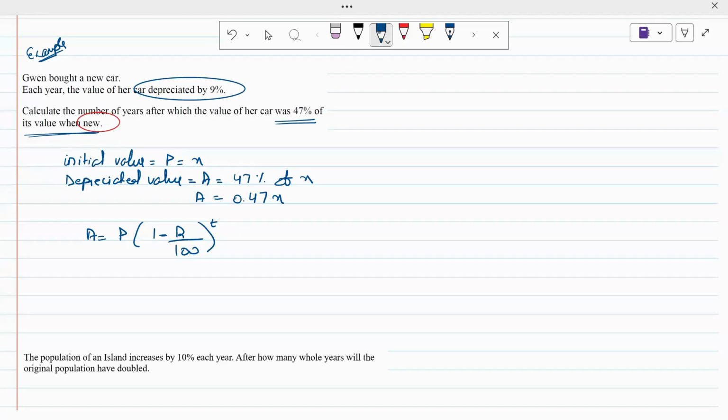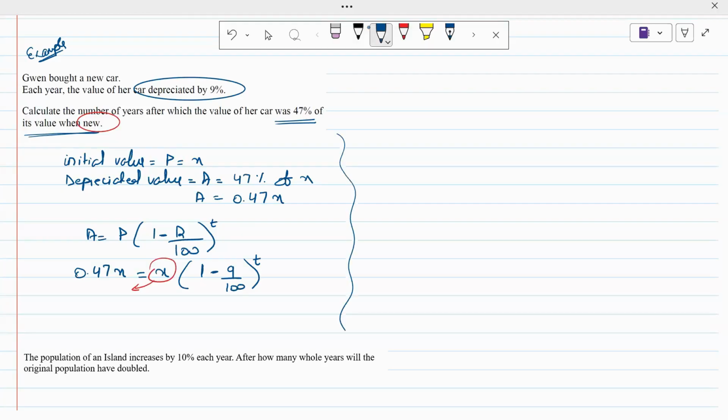A, the decreased value, that's 0.47x. P, the initial value, that's x. 1 minus the rate, that is 9 upon 100, whole power T. T is something we need to find. Simple algebra: this x, when it goes to the other side, would eventually get cancelled.